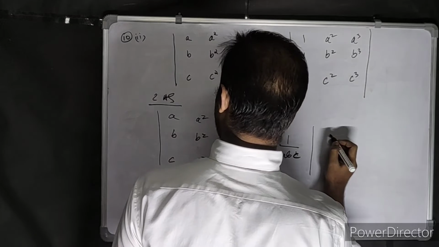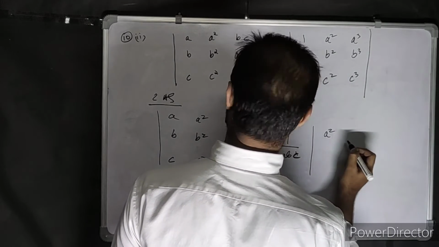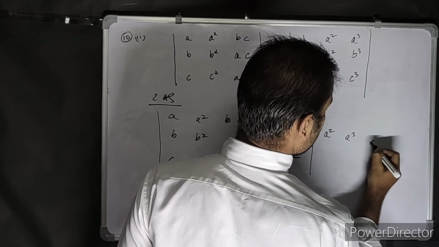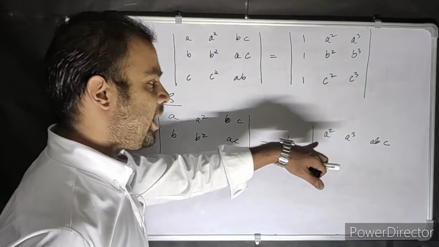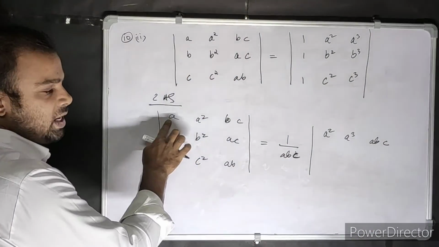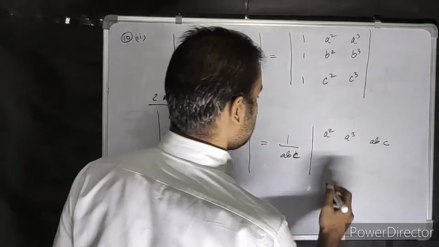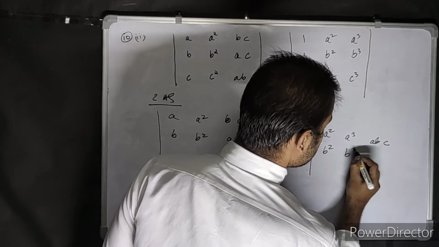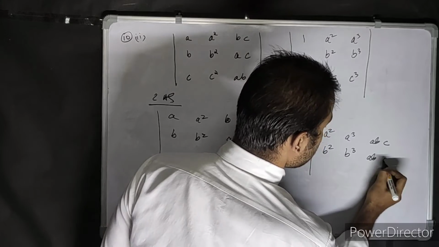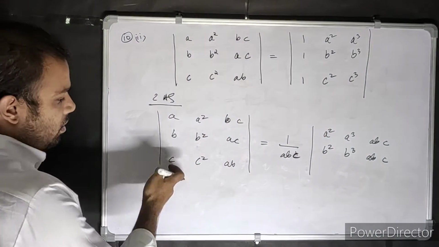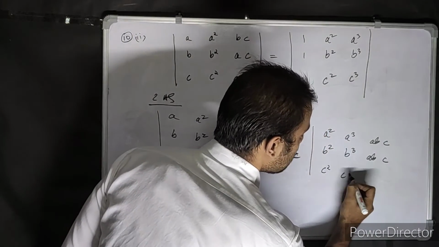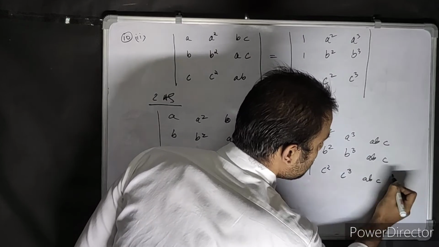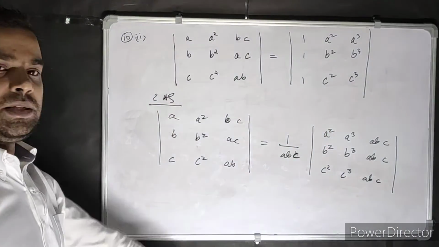So you have a square, a cube, abc. You multiplied a with the first one, so this became a square, this became a cube, this became abc. This is going to become b square, b cube, again abc. From here this is c square, c cube, abc. So can you see? Very easy actually.